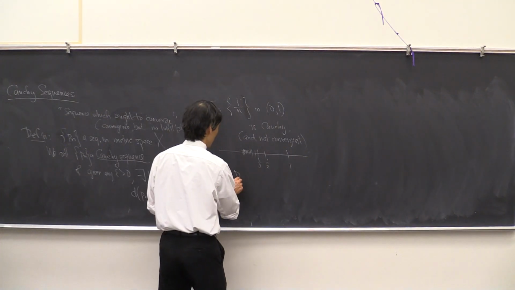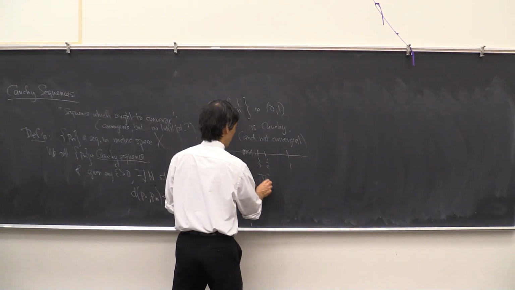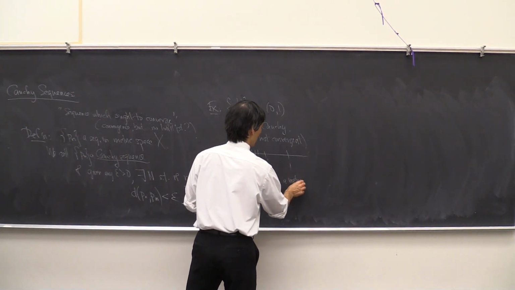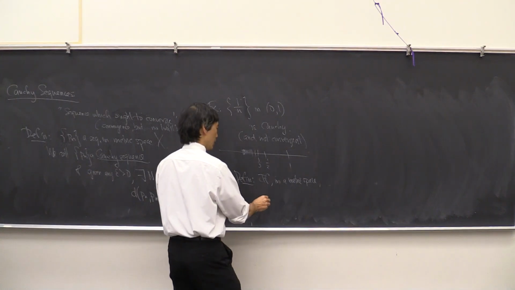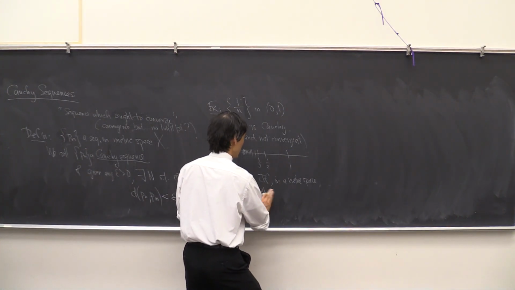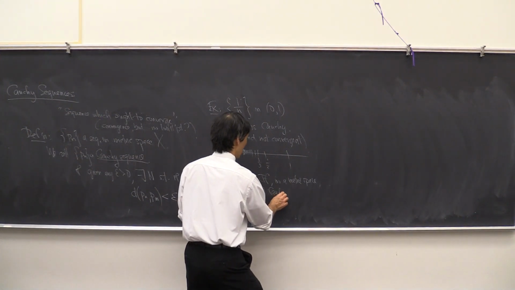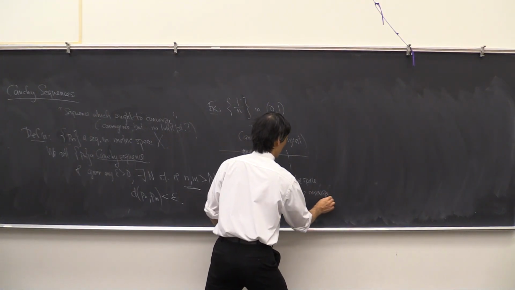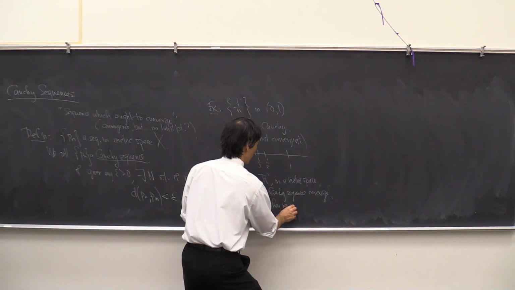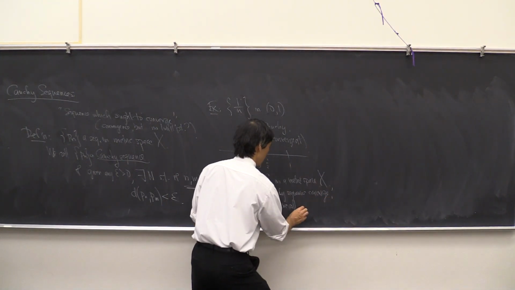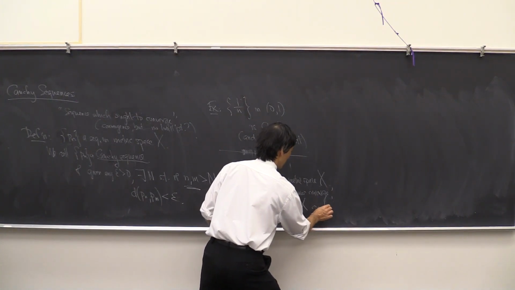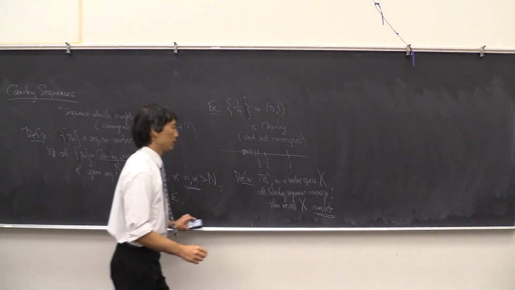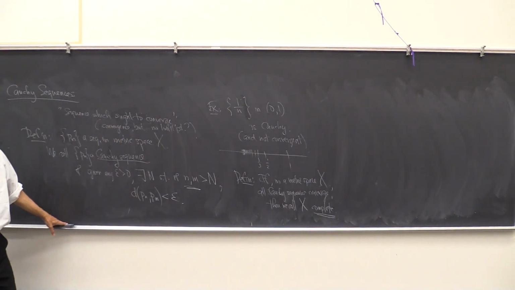Okay, so that leads to the definition: if in any metric space, all Cauchy sequences converge, then we call the space complete.